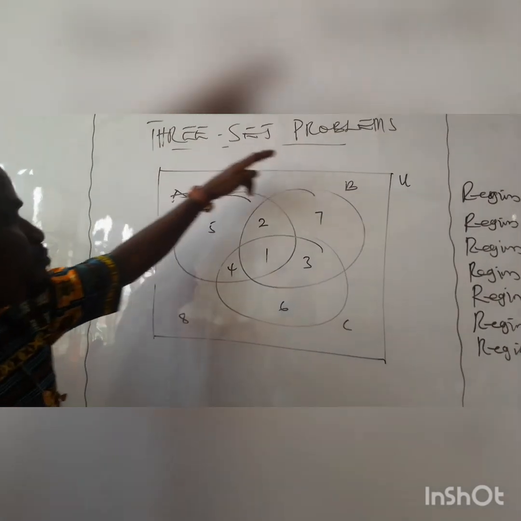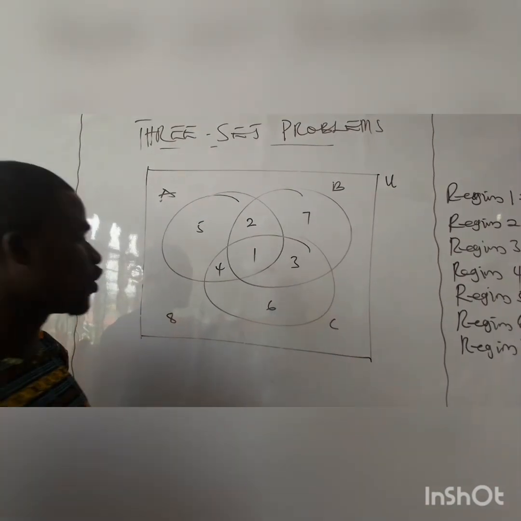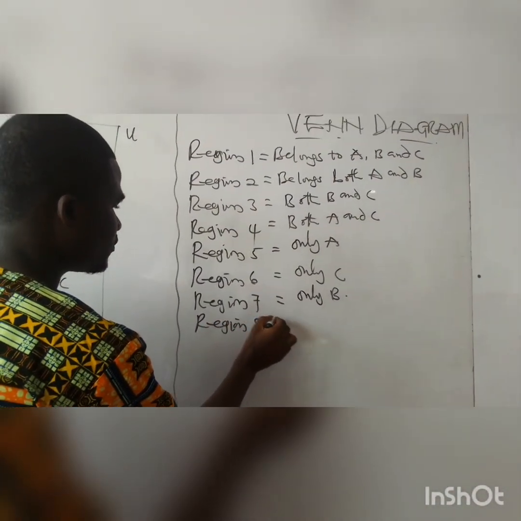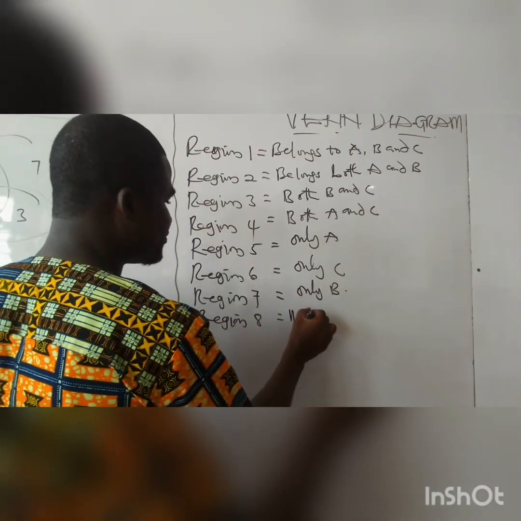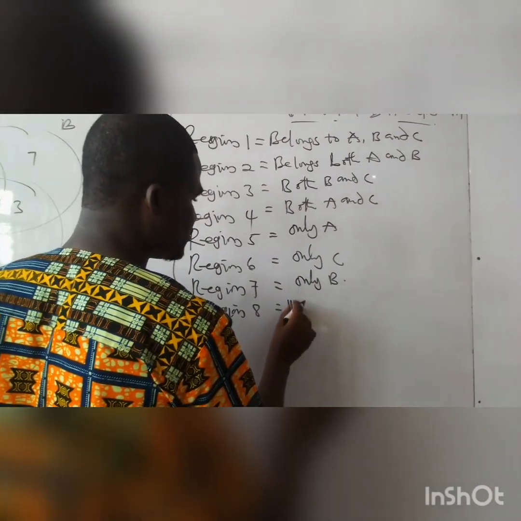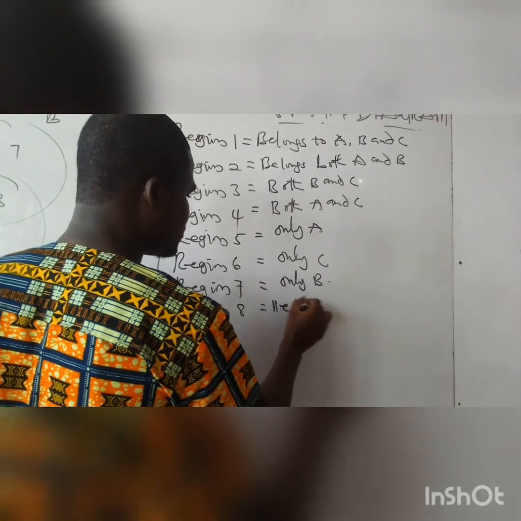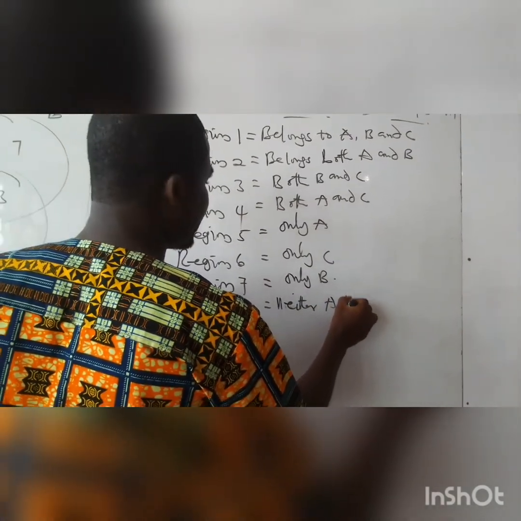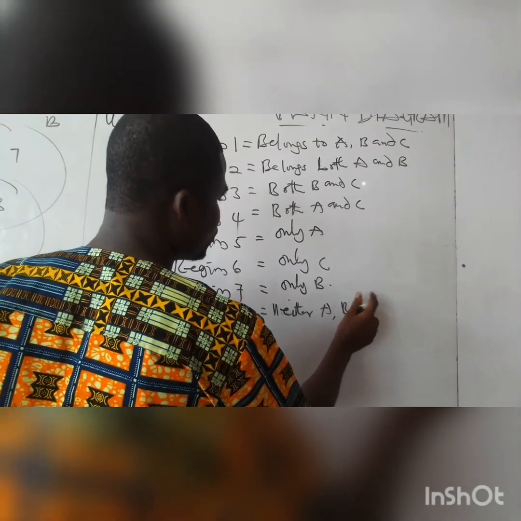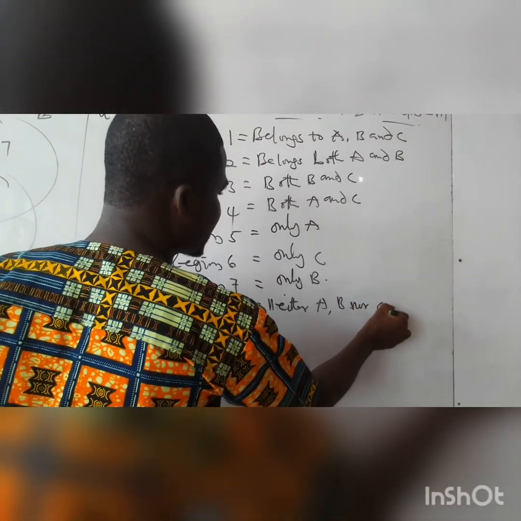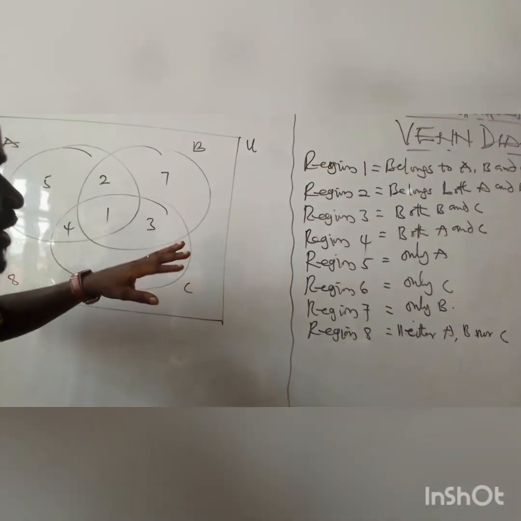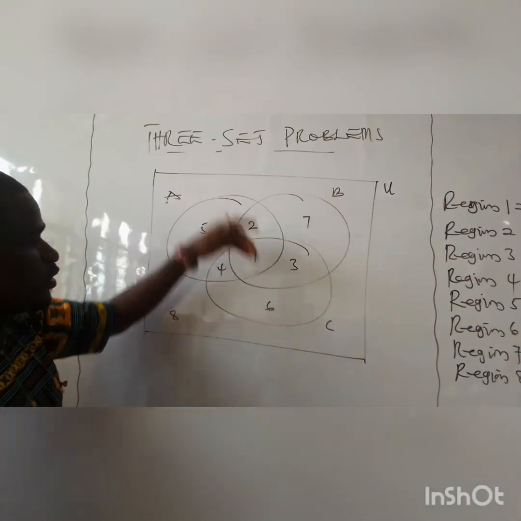So, region 8, neither A, B, nor C. They don't belong to any of the letters, either A, B, or C.